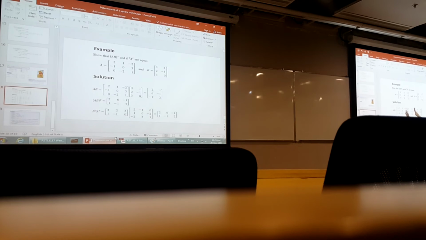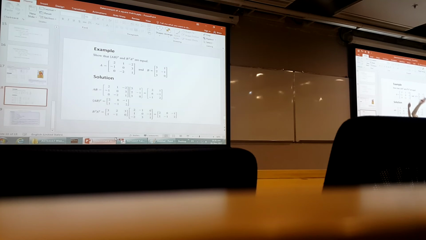And then you take the transpose of this first, and the transpose of this, and multiply the transpose of this one by the transpose of this one. You get a result exactly the same as this one. Therefore, we have this formula: the transpose of the product AB equals the transpose of B times the transpose of A. Reverse their order. The transpose of a product equals the product of the transposes, but in reversed order.